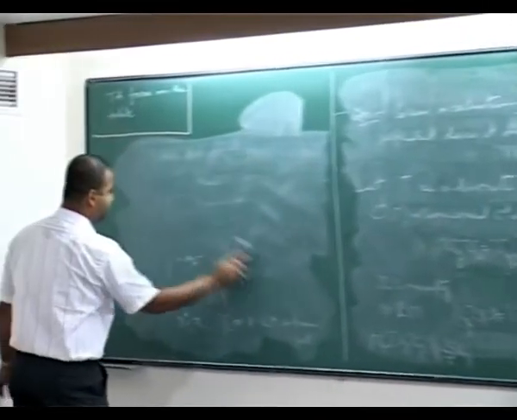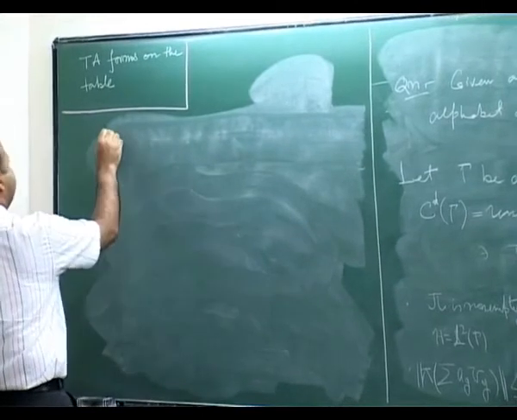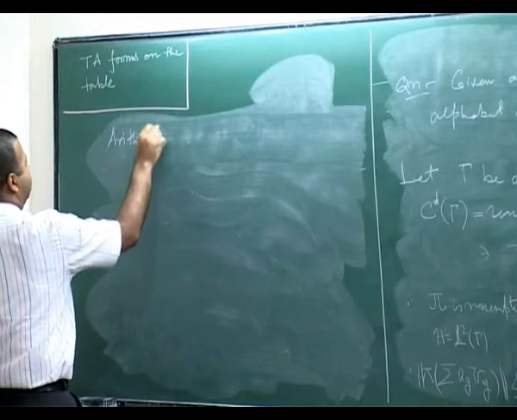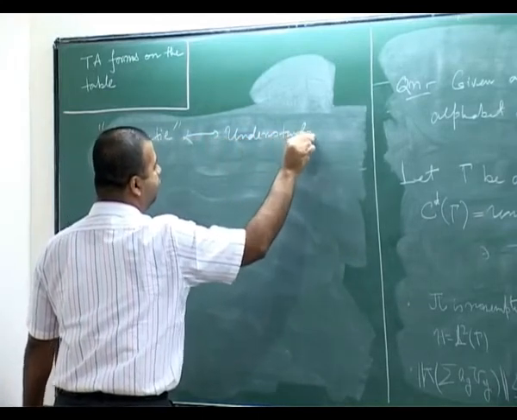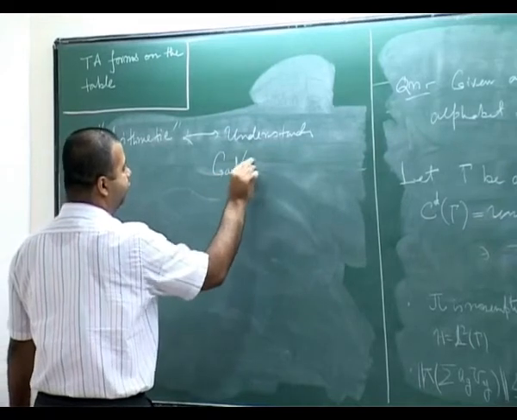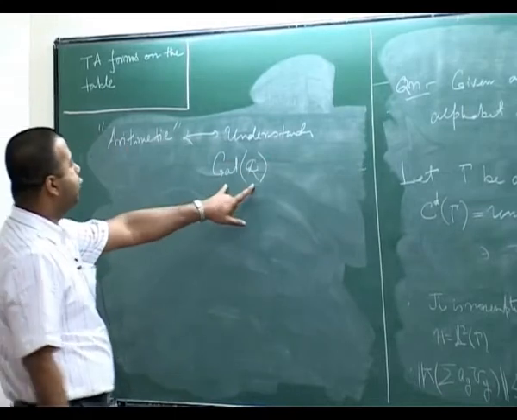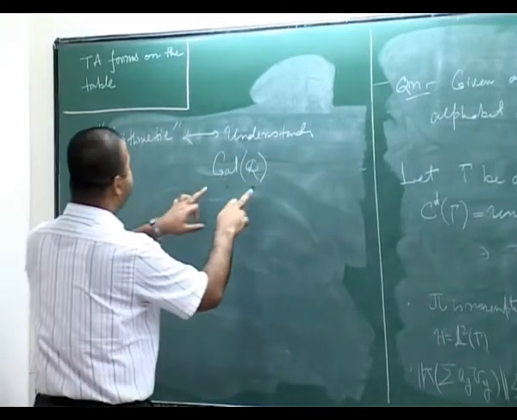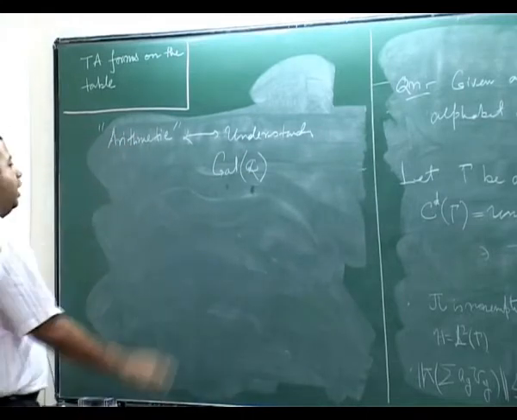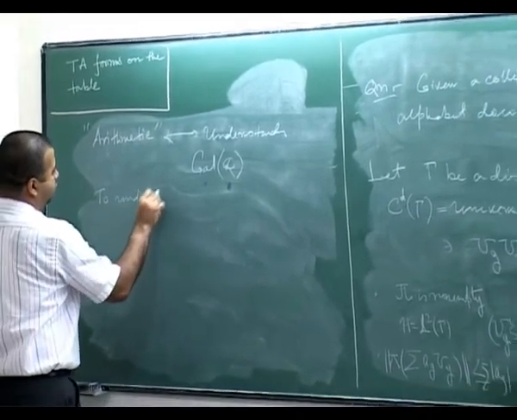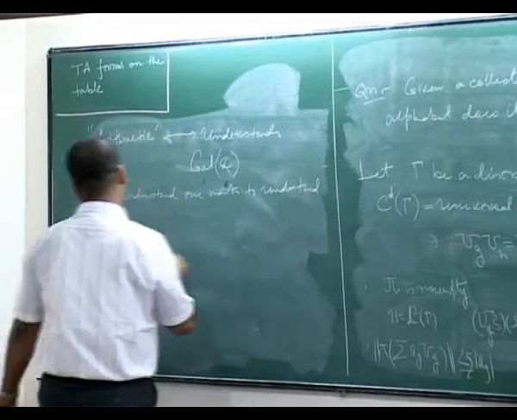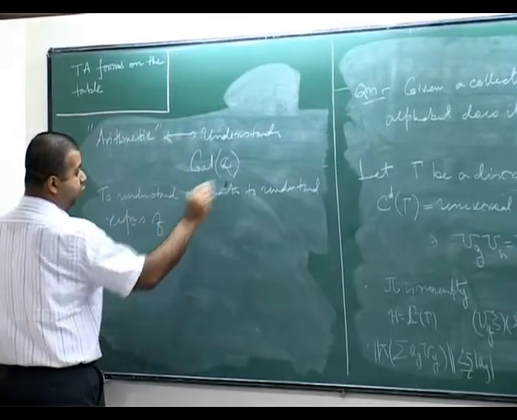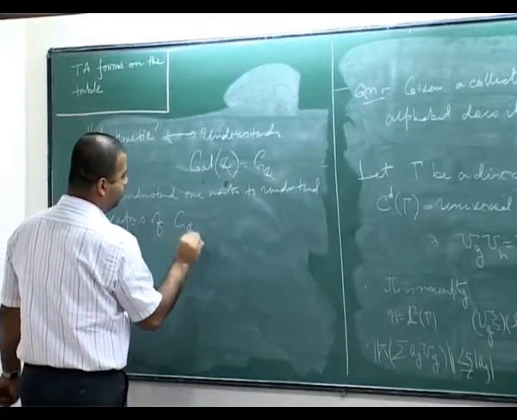So, to a large extent, arithmetic is like understanding of, so we have this field Q, and so there is a group associated to it called the Galois group of Q, and understanding of this group is one of the major goals here, and to understand this group one wants to understand representations of this group, let us call it GQ.